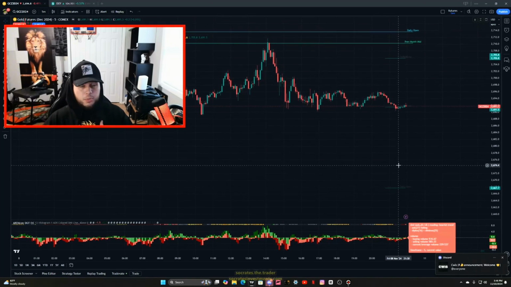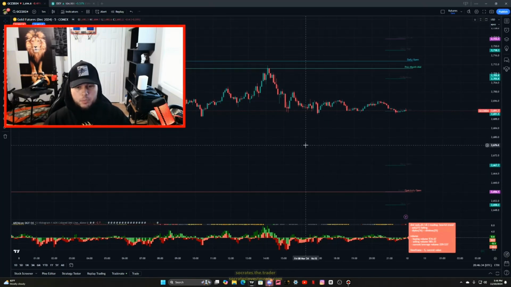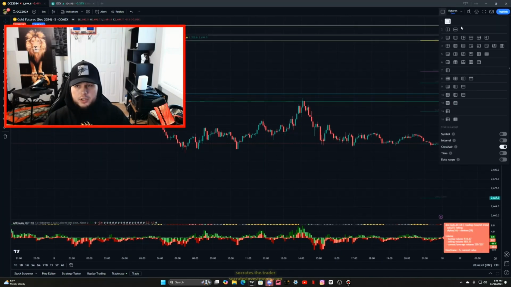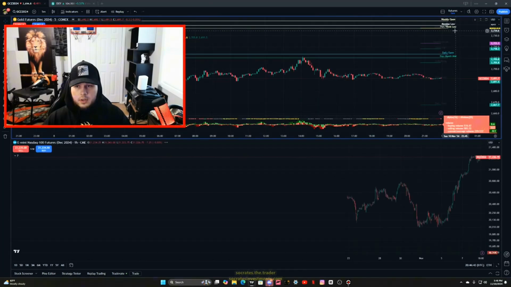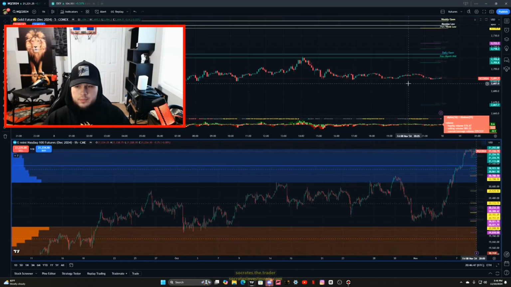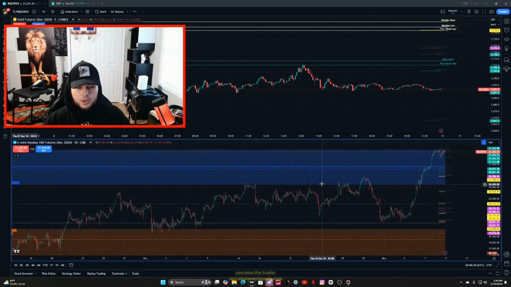Now let's do a little bit more explaining on these smaller time frames, because there's a lot of noise that happens. And look at the difference in the charting on here compared to the 1 hour. It looks a whole lot different, and this is where the confusion comes in.